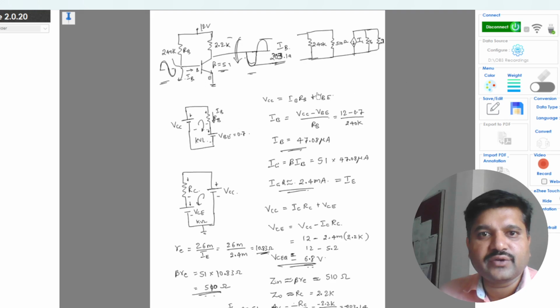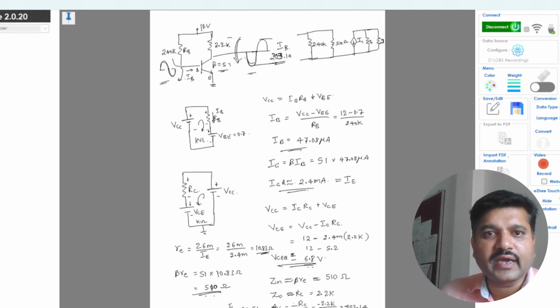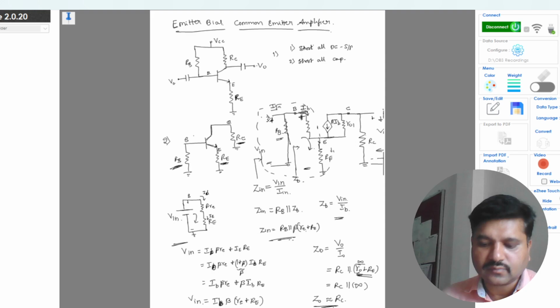for the same circuit, the output impedance will not change anyhow, so that will remain as RC. So this is 2.2K, and capital RE I will take as 0.5K in this example.